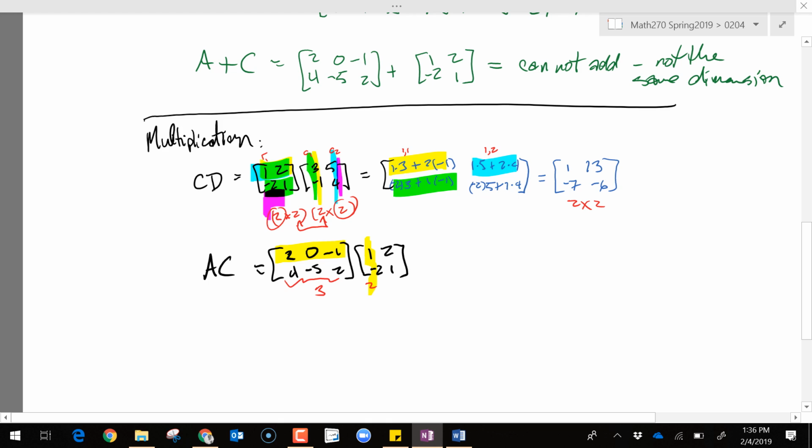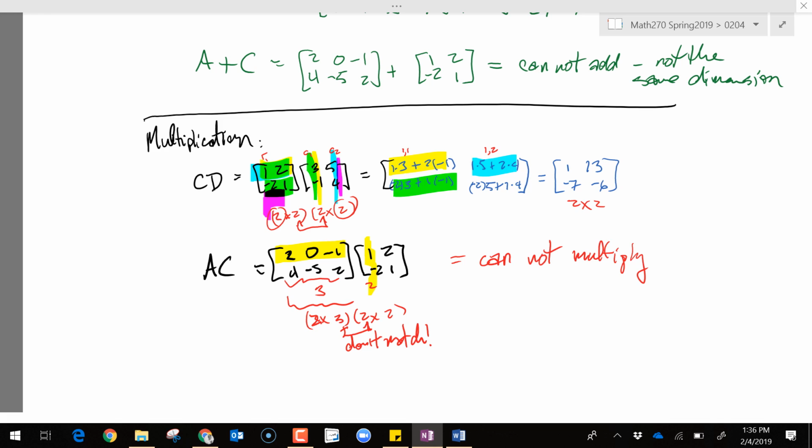So when we do this multiplication, it doesn't match up. This is a 2 by 3 matrix, and you're trying to multiply by a 2 by 2 matrix, and these two don't match. So this is not defined, cannot multiply.